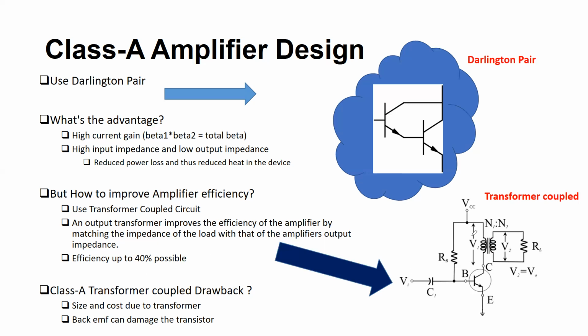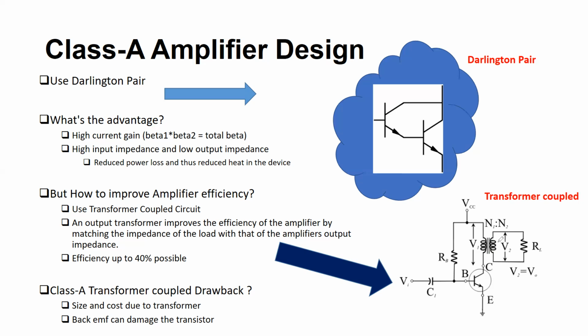Now, we achieve the improvement in the efficiency, but there is a drawback. First drawback is you have to use the bulky transformer, so size is an issue, and therefore cost also is an issue. Using the expensive transformer and the heavyweight transformer in building a class A amplifier is always problematic.